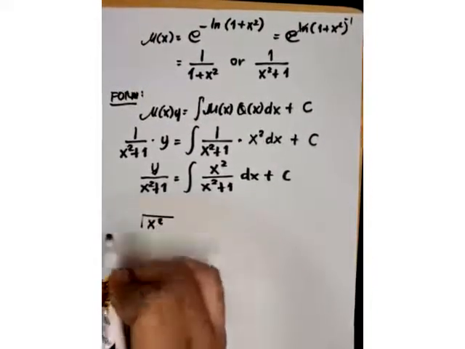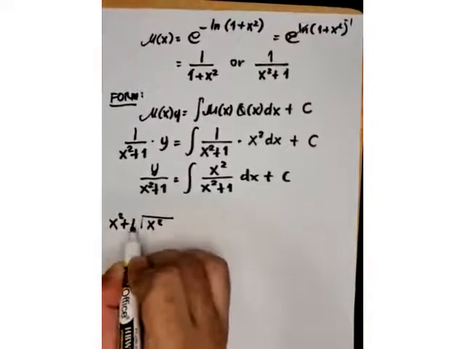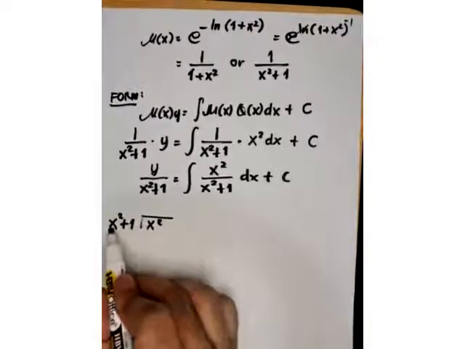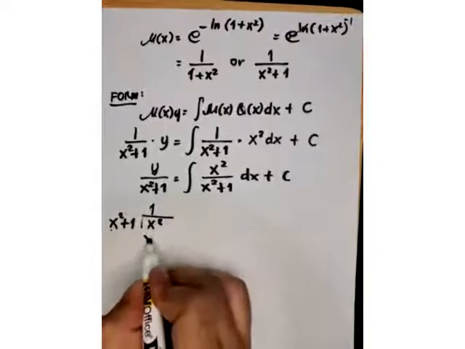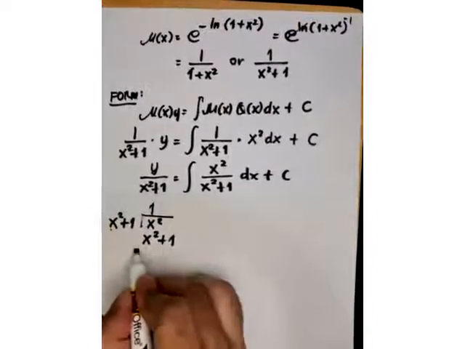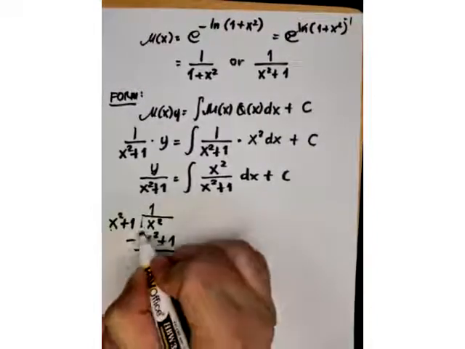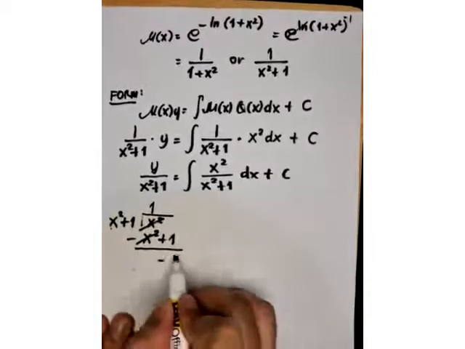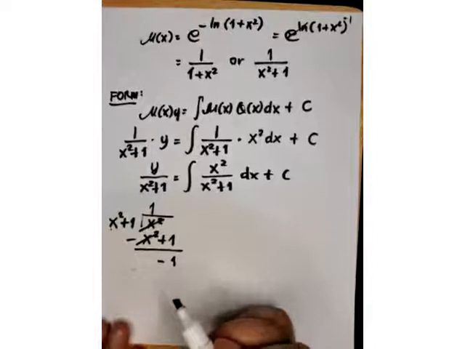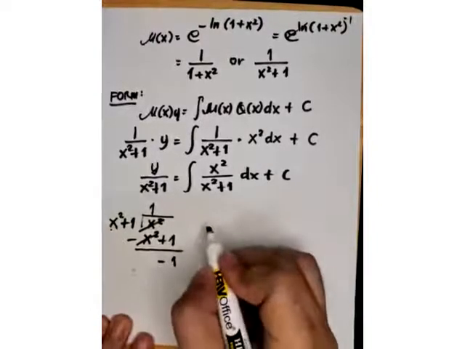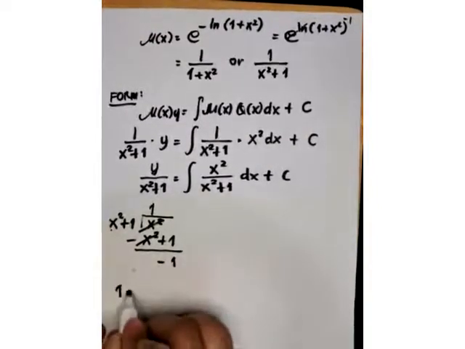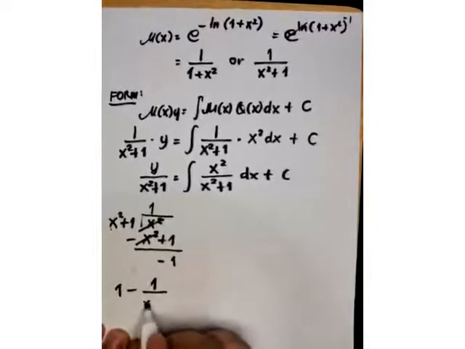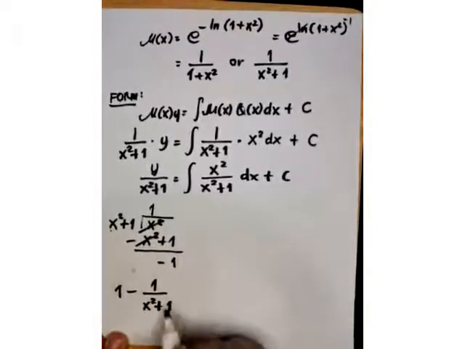So that's x squared divided by x squared plus 1. So x squared divided by x squared, so that's 1. So we'll have x squared plus 1. And then we subtract. So we cancel. Kaya lang, this one becomes negative 1. Okay, so the answer will be 1 minus 1 over x squared plus 1.